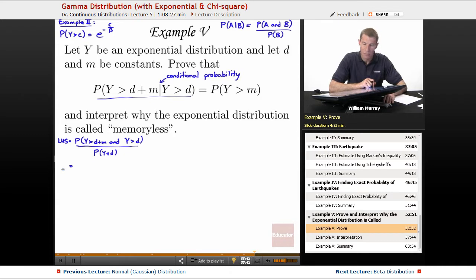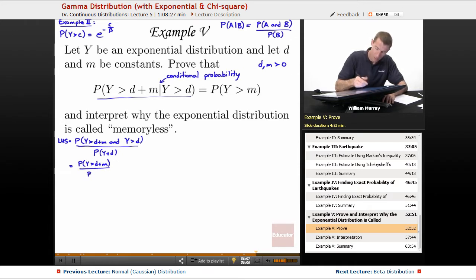I didn't say it here, but I'm assuming that d and m are positive numbers. So if y is bigger than d plus m, then it's definitely bigger than d. So I don't really need to say y is still bigger than d. I can just say the probability that y is bigger than d plus m, divided by the probability that y is bigger than d, and I don't need to emphasize that y is still bigger than d, because it's automatic.